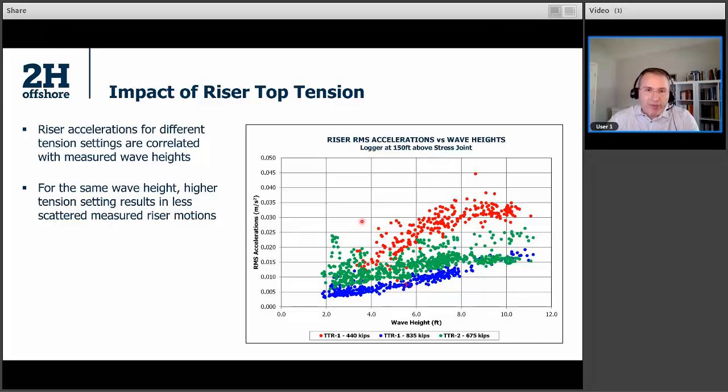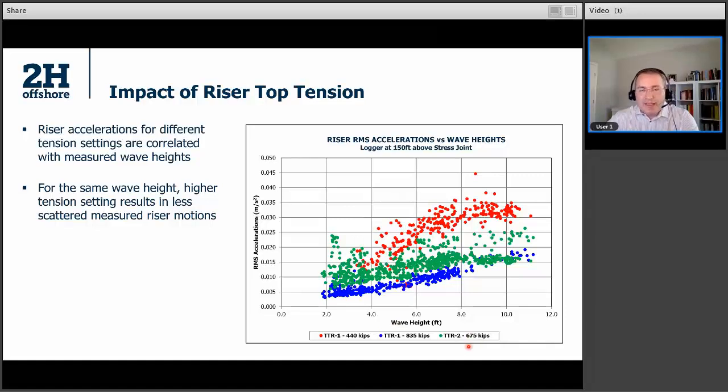The red data points represent TTR1 motions at 440 kips, while the blue dots are TTR1 motions at 835 kips. And the green data points are added as a reference here. It's for TTR2 at 675 kips.